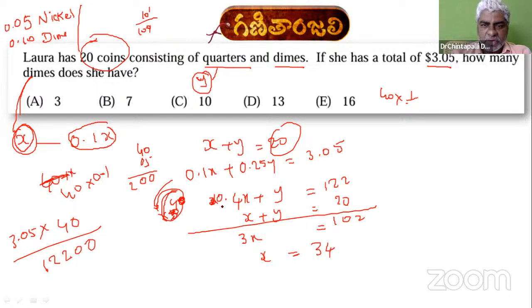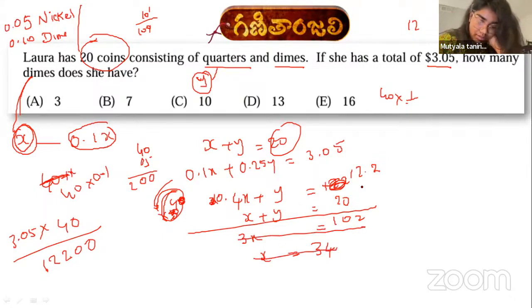That means 0.4x plus y, 4x plus y equal to 3.05. 4 times 3.05 is 12.2, sir. 12.2. Yes, right only. So 3x is going to be... 12.2.